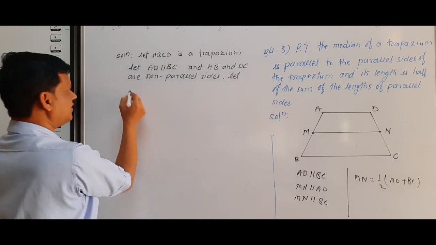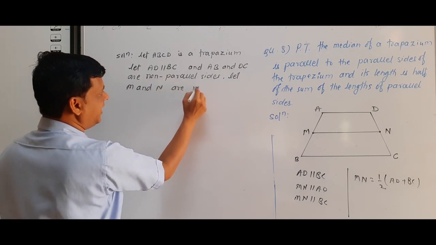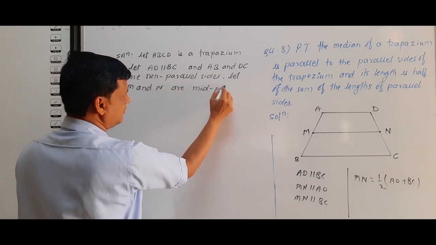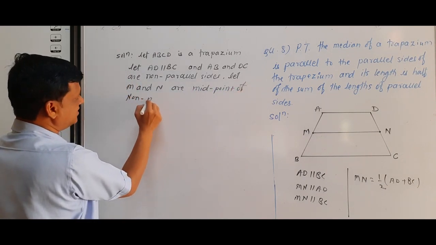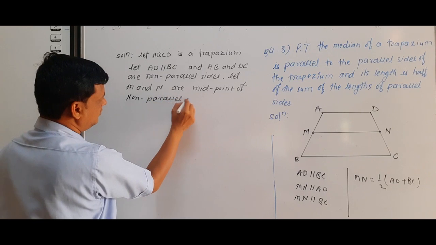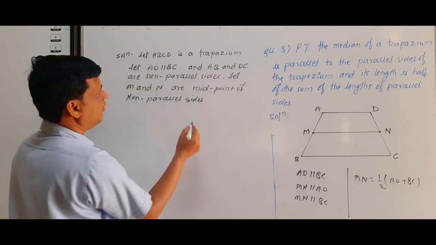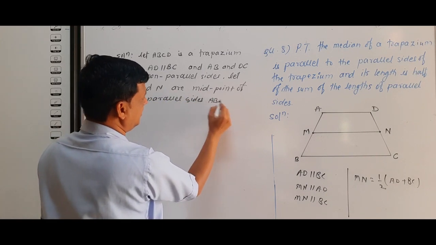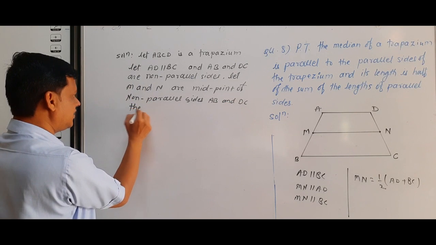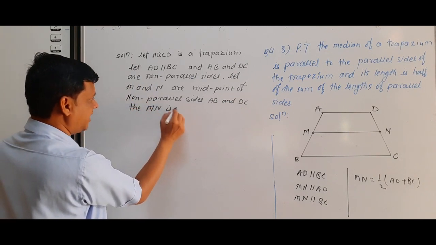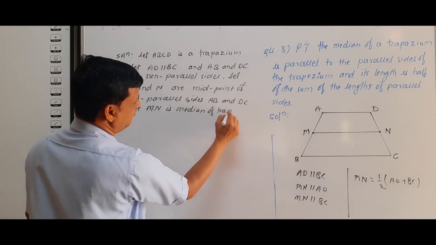Let M and N be midpoints of non-parallel sides AB and DC. Then MN is the median of the trapezium.